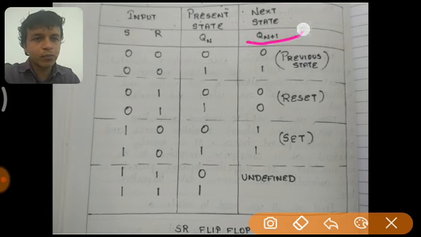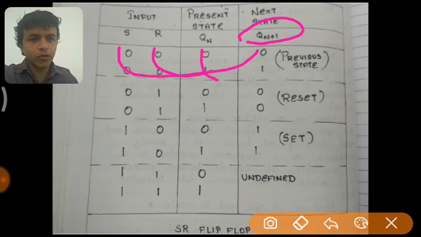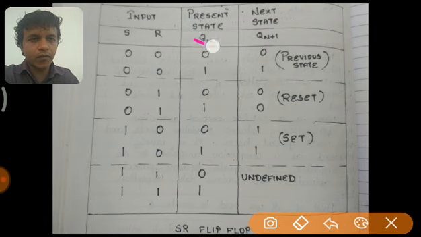So Q of n plus 1 is the next state, which is the desired output of the flip-flop, and this output depends on the present inputs S and R of the SR flip-flop, and also the previous state Q of n of the flip-flop, right?